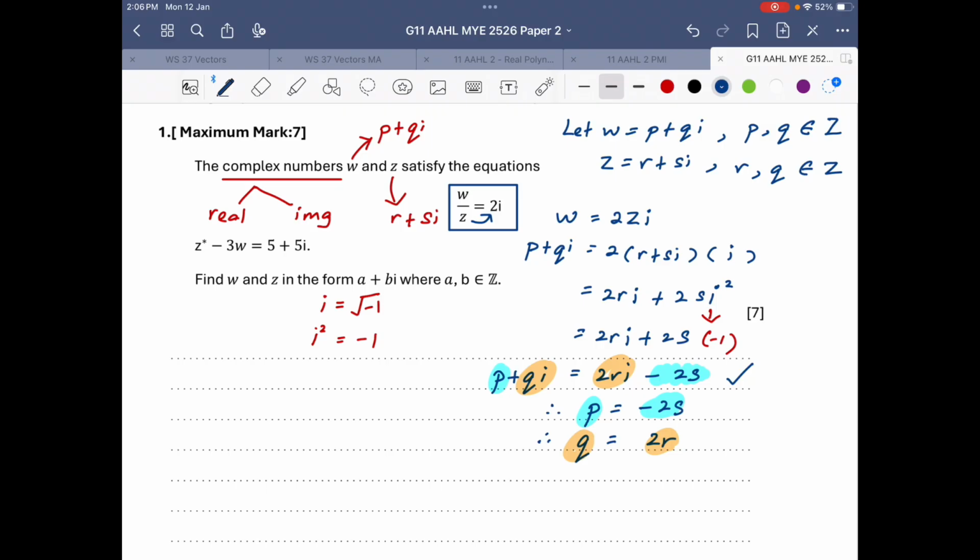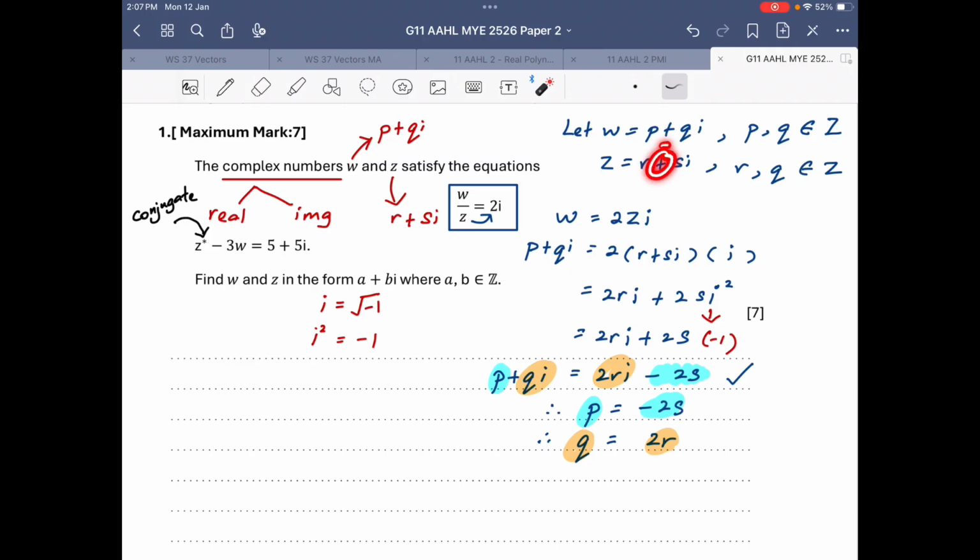Now we look at another equation. First you have to understand the meaning of conjugates. The conjugate of Z, which is R plus Si, will be R minus Si.